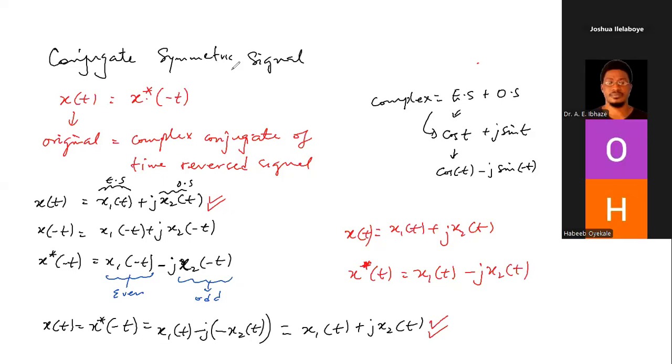Because we actually want to analyze that signal. And just like I mentioned earlier, the information we want to transmit is contained in this even component, and the same signal is contained in the odd component.